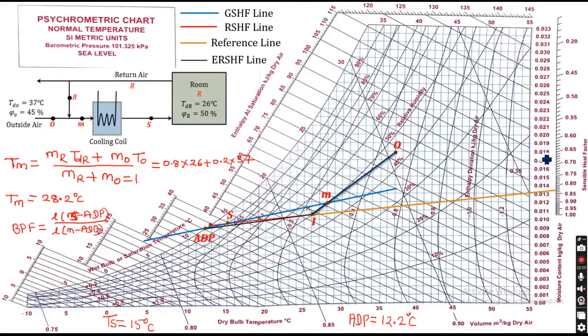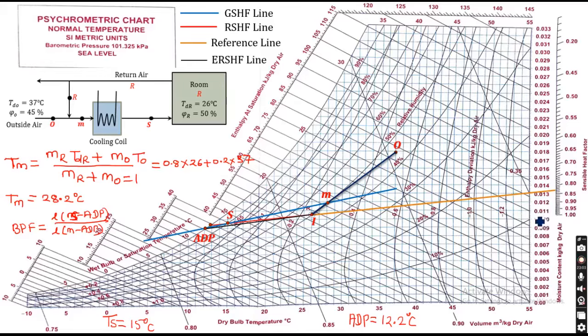It is just below 0.018, so we can take the value as 0.0179. And for R, the room air specific humidity, corresponding to this point we can take the value as 0.0115. The reason is the point is in between 0.011 and 0.012, so we can take the value in between.